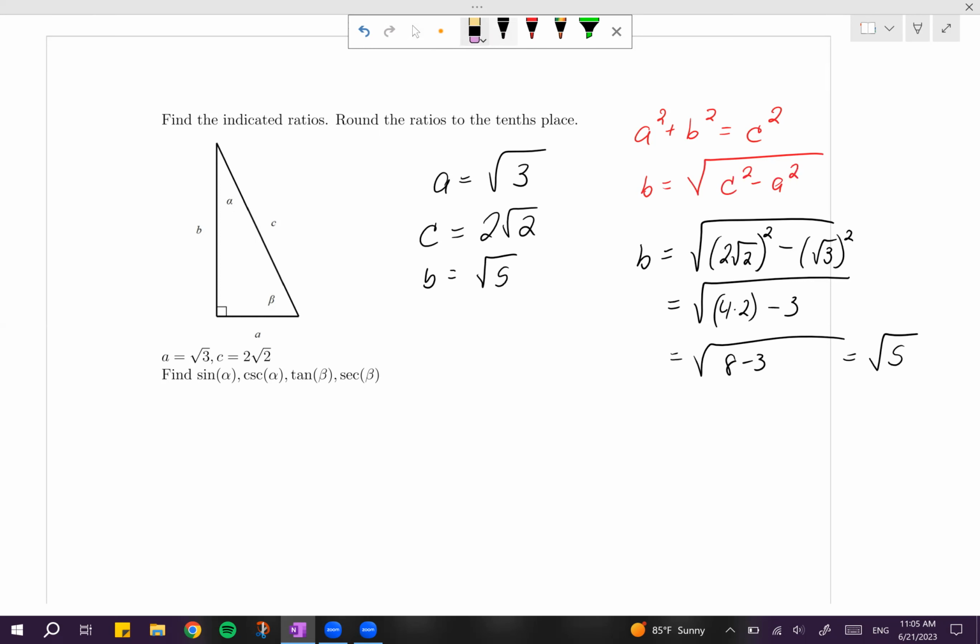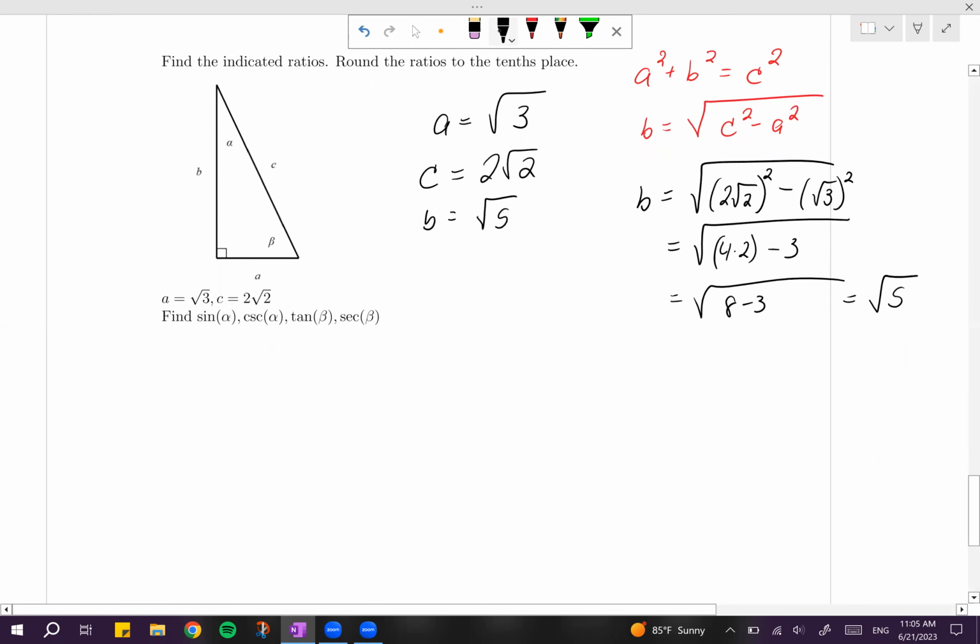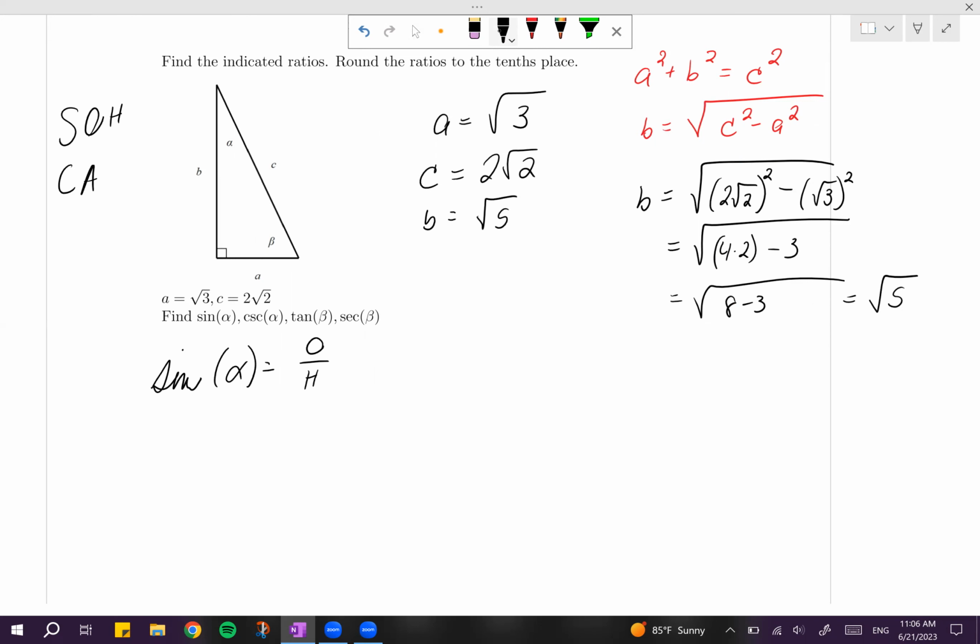Now we can find these ratios that they gave us. So sine of alpha is opposite over hypotenuse. Remember the little acronym SOH CAH TOA. Sine is opposite over hypotenuse.